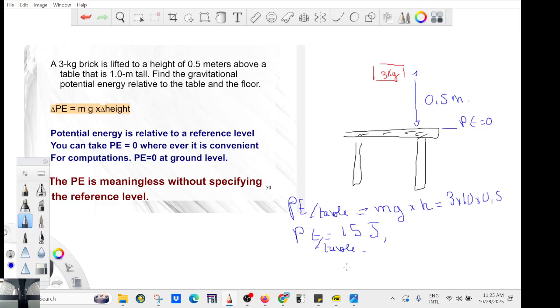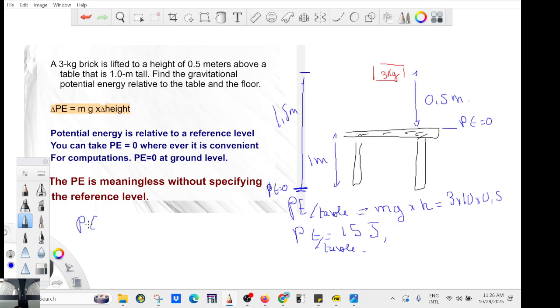Okay, so it's always relative to some level, right? So that will be 1 meter. So now we want relative to the floor, exactly. So this is 1.5 meters. So now potential energy equals 0 here. It's always relative to something, right?